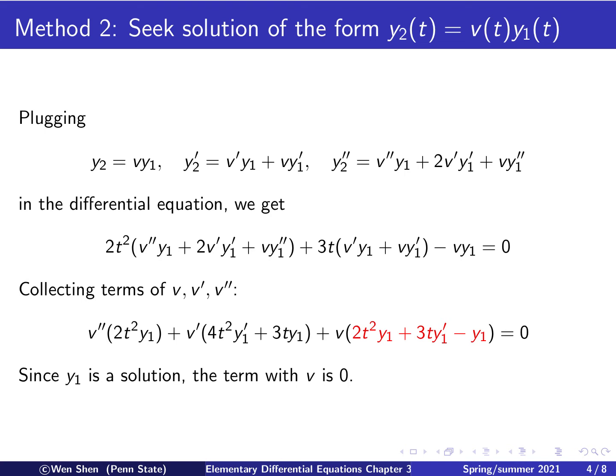No matter what your equation is, if you seek a second solution in this form where y1 is a solution, then you will always get this term with y1 plugged into the differential equation, so this will always be 0. Why is that a fact? May I leave that for you to ponder and try to figure out?